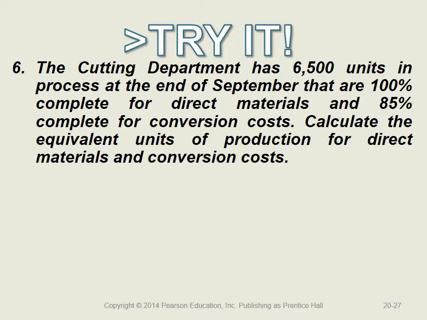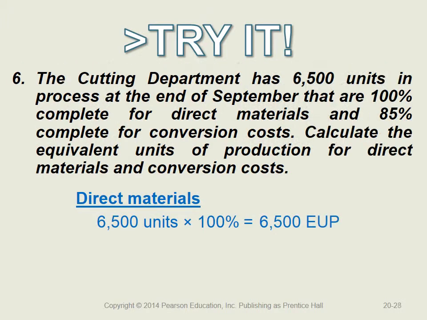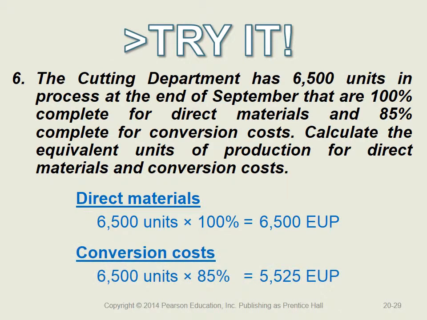Now, since it's 85% complete for conversion costs, we would simply multiply 6,500 units times 0.85, for a total of 5,525 equivalent units of production as it relates to conversion costs.